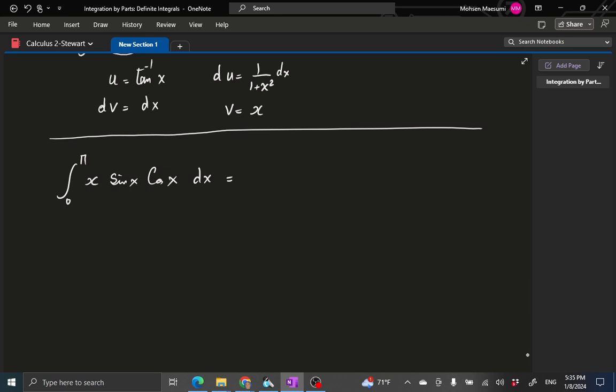So what identity am I referring to? Sine x cosine x. There is an identity in trig that covers that, and that would be easiest to use up front. Sine of 2x is 2 sine x cosine x.